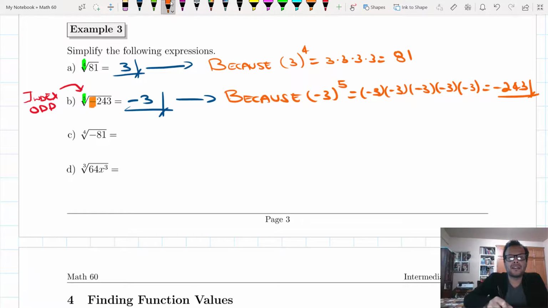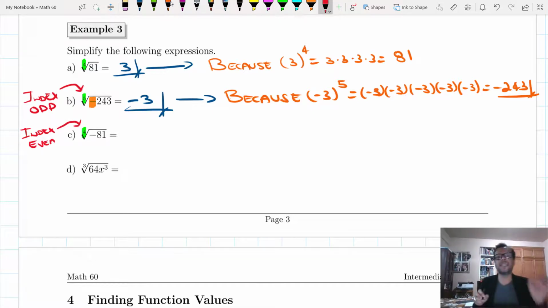Let's look at the next one. The first thing you identify every time you have a radical expression is the index, which is what I'm highlighting here. In this case, the index is 4, and this happens to be even. So let's write that down. Index is even.